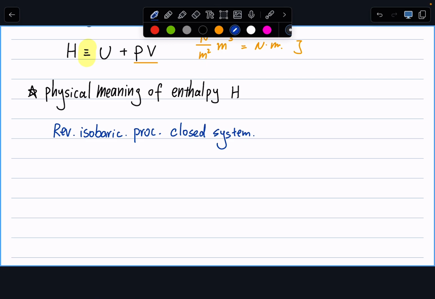So now we equip ourselves with the first law of thermodynamics. We can write that delta U equals U final minus U initial, and that equals heat plus work.